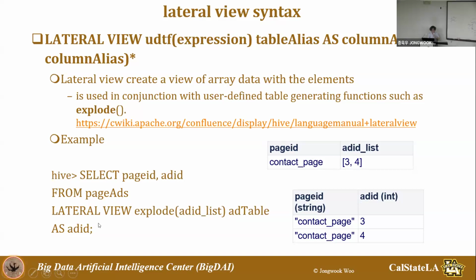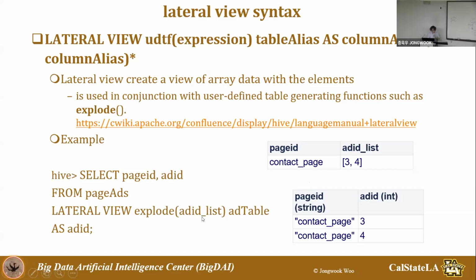Then you have to use lateral view. Okay? So for example, if this table name is page as, you can read the page ID and the ad ID, but the ad ID is from the explode function. Okay?